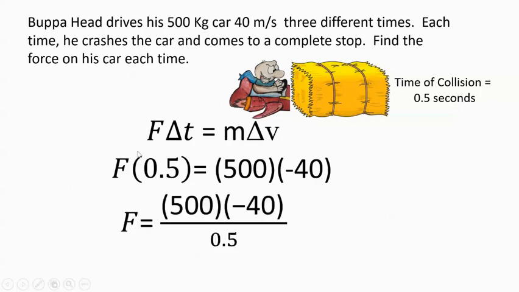But the left side, the delta t, is larger, so when you divide, you're going to get a smaller number. It's not going to be 2 million, it's going to be negative 40,000. So still a lot of force, but quite a bit less than what he and his car would experience running into a brick wall. So you see that the time of collision increasing caused the force to decrease.